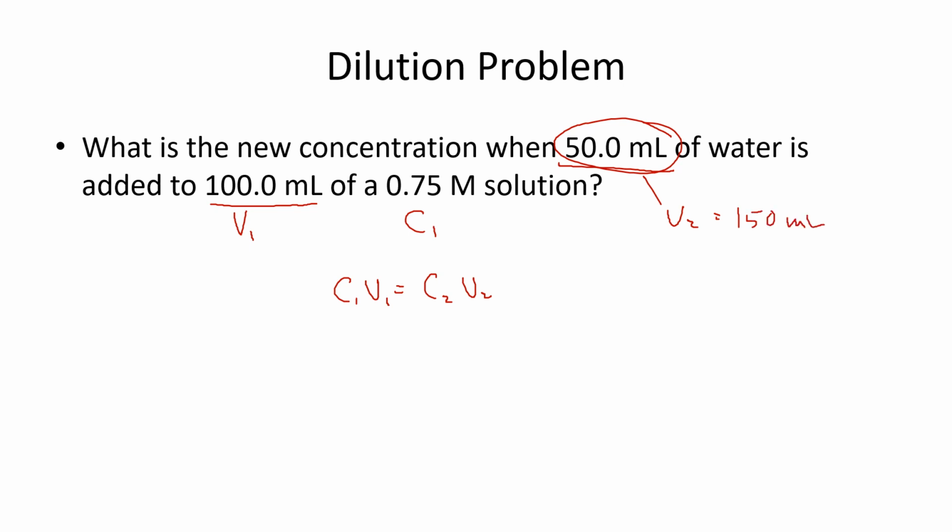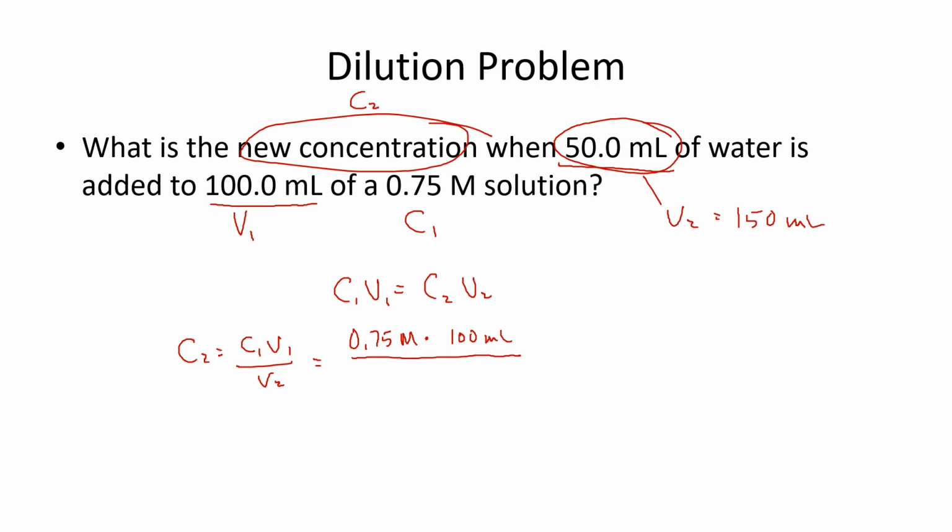Now we want the new concentration, that's our C2, and we can rearrange this to give us that. C2 equals C1V1 divided by V2. That would be the initial concentration, 0.75 moles per liter, times the initial volume, 100 milliliters, divided by the final volume, 150 milliliters.